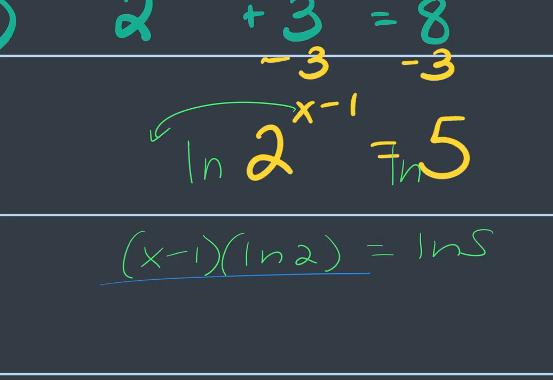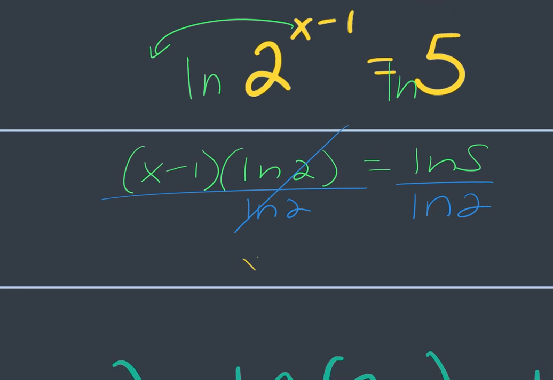Then I'm going to divide by ln of 2. And I'd get x minus 1 equals ln of 5 over ln of 2. And then I'm going to add the 1 at the end. And then I type the whole thing in the calculator. You got to be really careful because the parentheses are going to open before the 5. You got to either close them after the 5 and then hit divided by, or you could literally hit ln of 5, enter, divided by ln of 2, enter, plus 1.